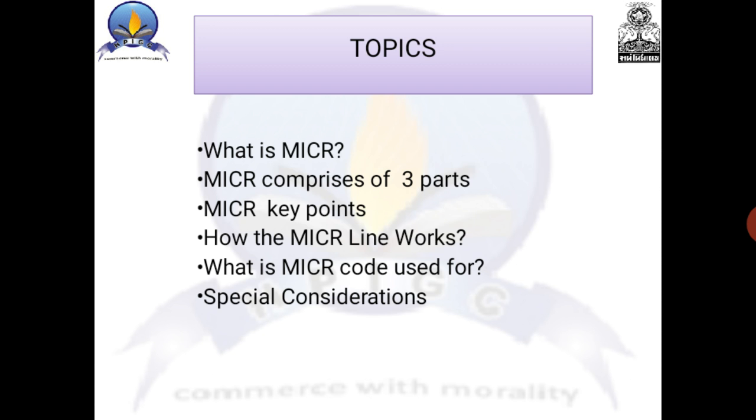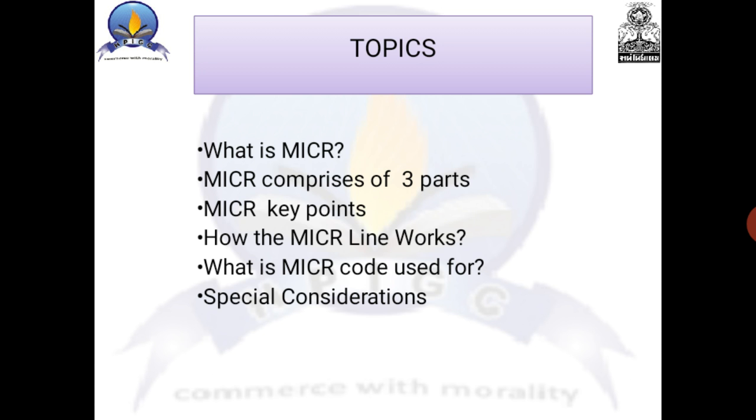So MICR lines help facilitate automatic check clearing when banks send their checks to the central processing system at the end of the day. They can also be easily read by people to verify check information.